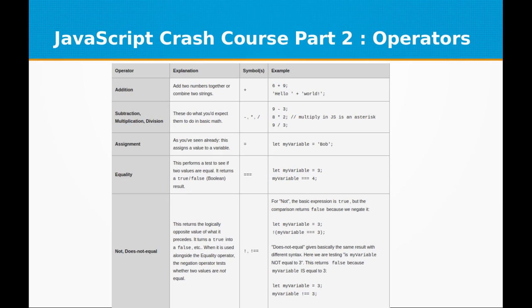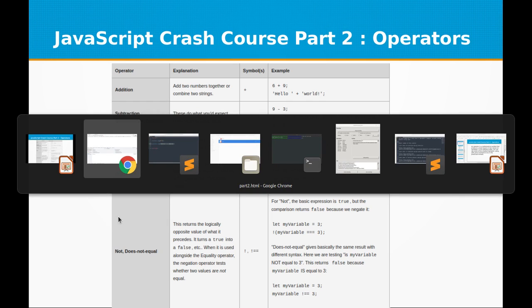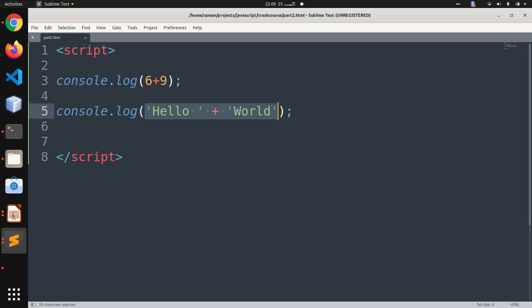The next operators are subtraction, multiplication and division. These do what you would expect them to do in basic math. So 9 minus 3 is 6, 8 multiplied by 2 is 16, and 9 divided by 3 is 3. But for multiplication we have the asterisk operator in JavaScript, not the x that we normally use in mathematics.